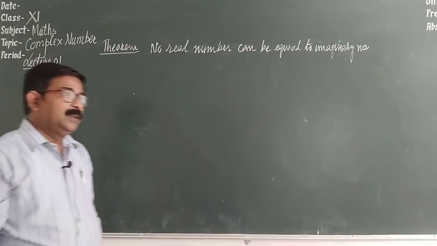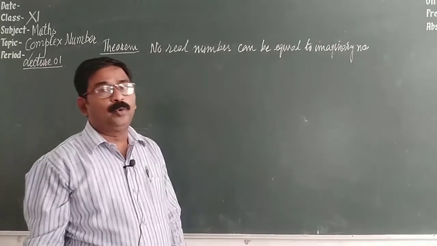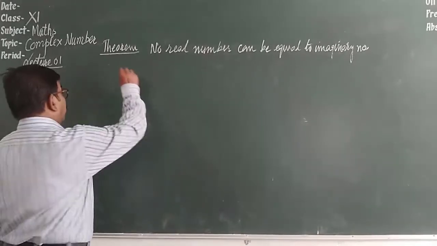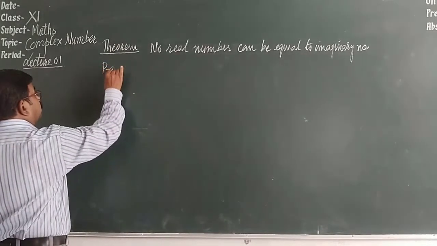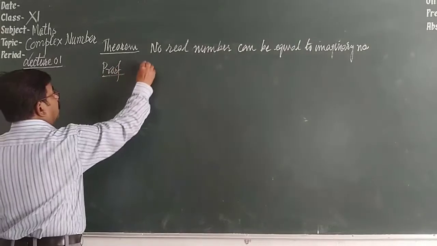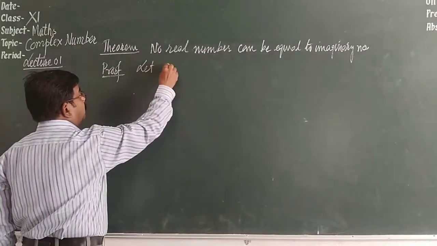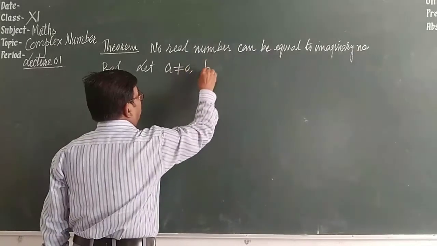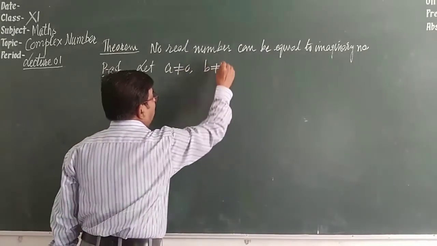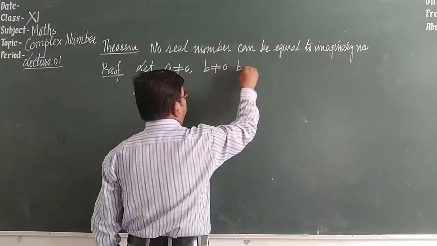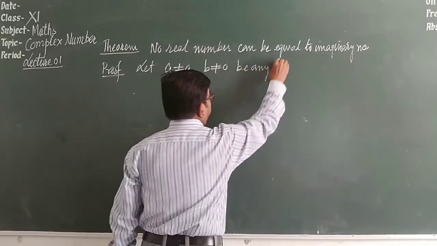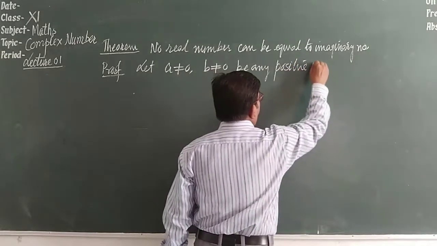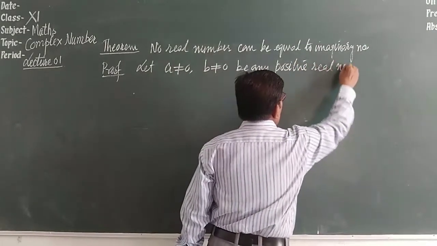Suppose a and b are two non-zero positive real numbers. Proof. Let a is not equal to 0, b is not equal to 0, be any positive real numbers.